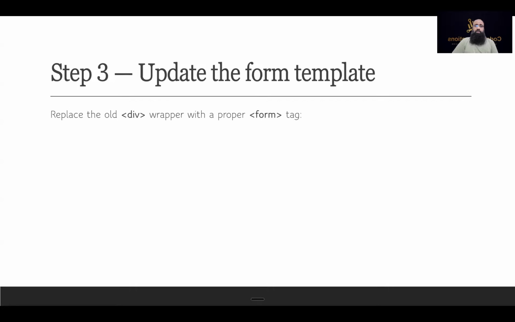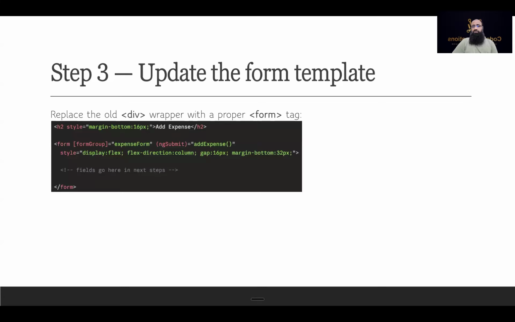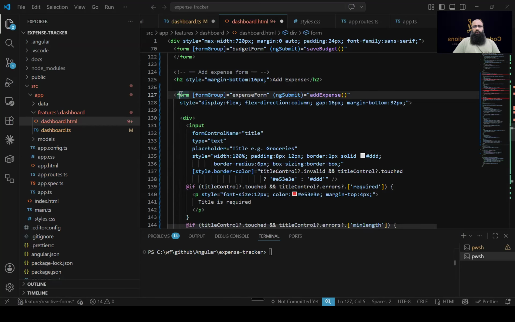Now what we need to do is change the div to the actual form tag. So let's just quickly change that. Okay, so I have copied the expense form over here, and you can see I have added a form group with the expense form which we have created, and ngSubmit is going to hit the addExpense method.